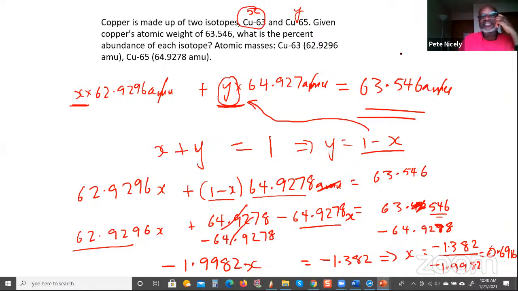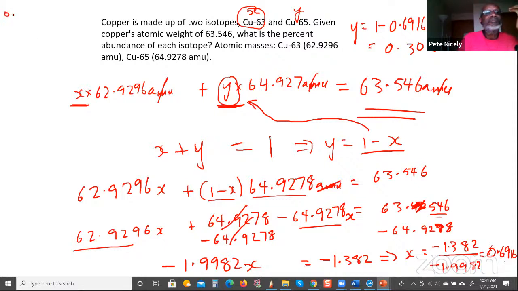And then to get the percentage of copper 65, y is equal to 1 minus 0.6916, which works out to be 0.3084. All right.